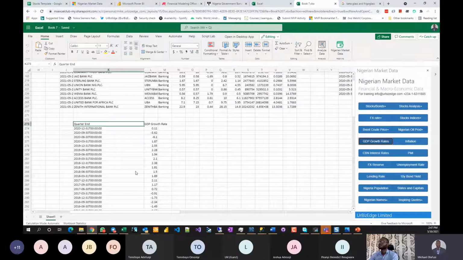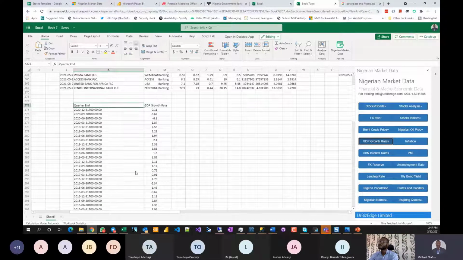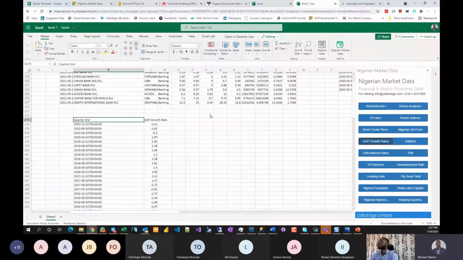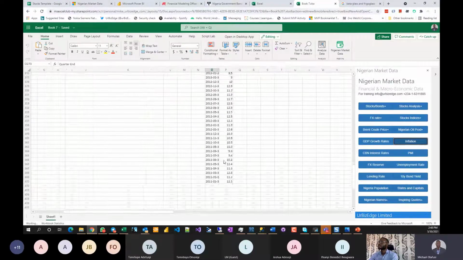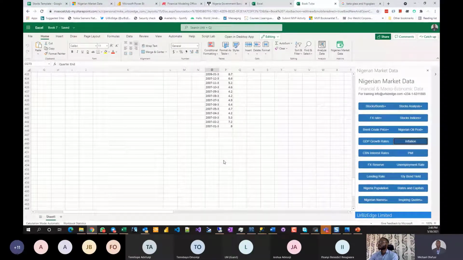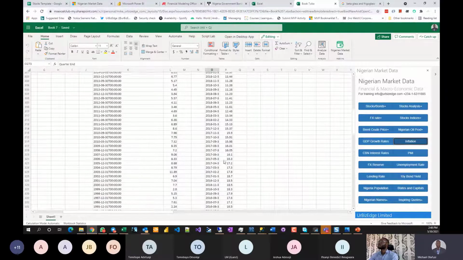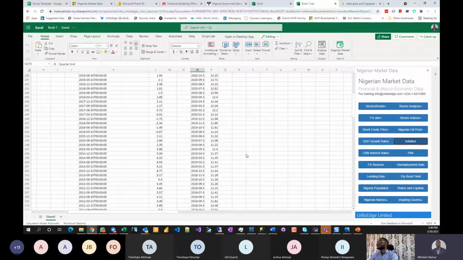We're having single-digit growth, whereas inflation and population have been going up a lot faster. Then you can see our inflation too, going as far back as 2007. So you can check them all out.